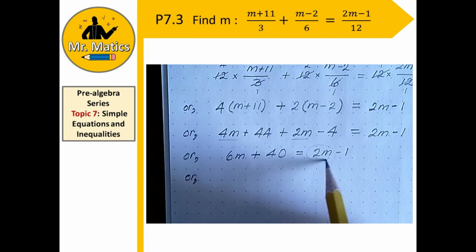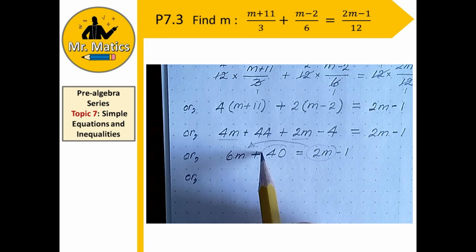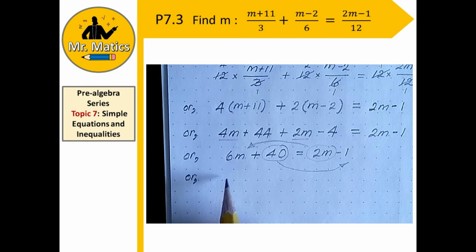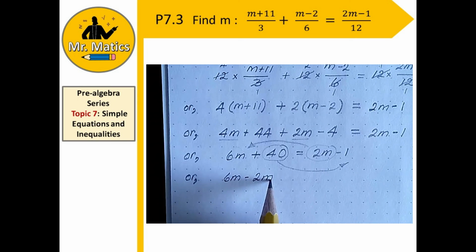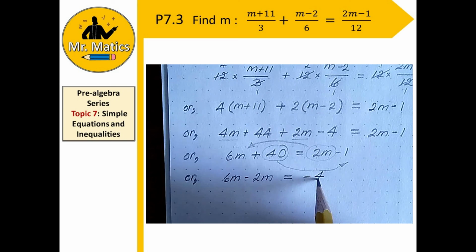So I bring this 2m to the left side and I bring this known quantity to the right side. So 6m minus 2m on the left side, and on the right side this 40 goes to the other side, becomes minus 40, minus 1.